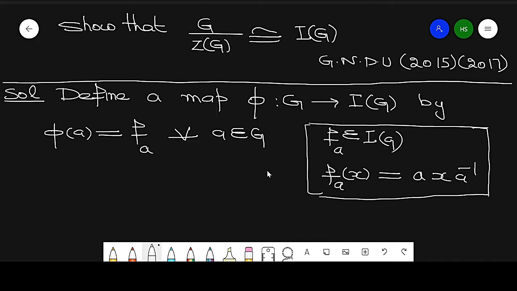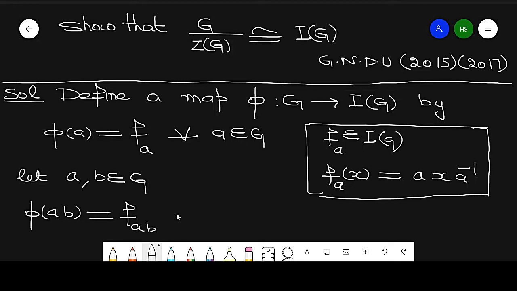Now to prove that this mapping is a homomorphism as well as onto, I take two elements a, b belongs to G. It implies phi of ab is equal to f_{ab}.